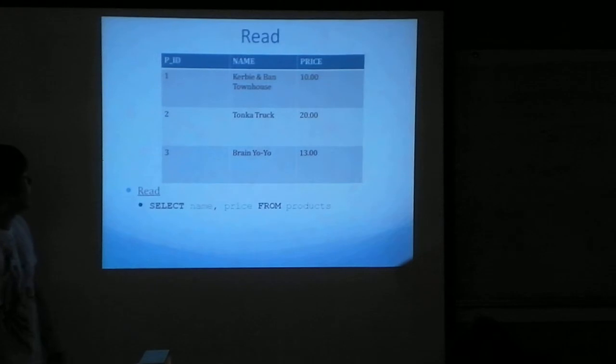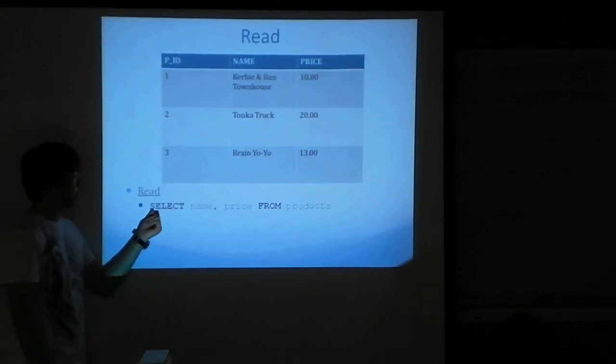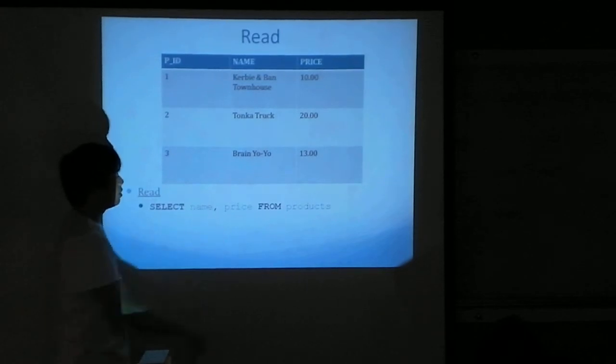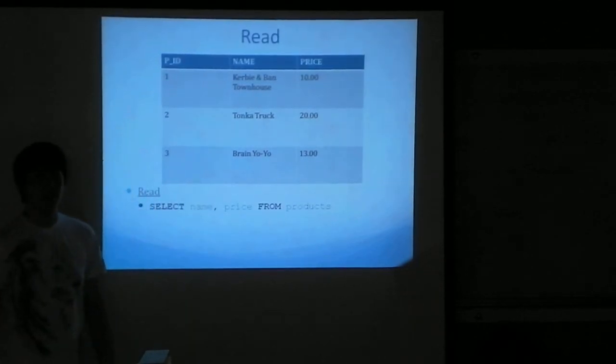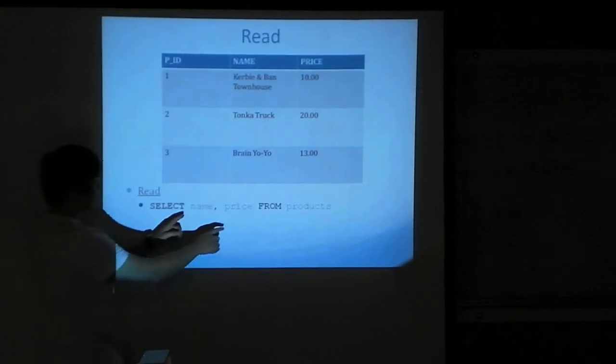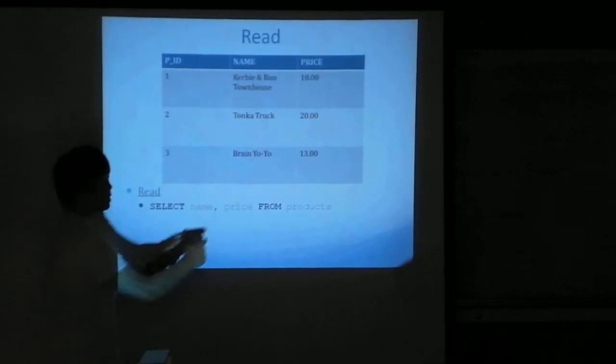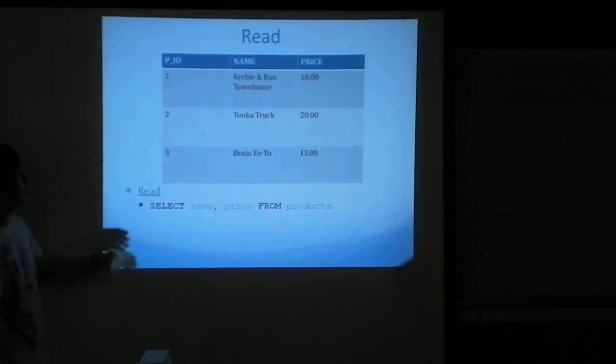So now we have a read. If we were to run this SQL query statement, select name and price from products, does anyone know what would happen? By the way, just a reminder, whatever goes in between the select and the from specifies which column names you want to show up.